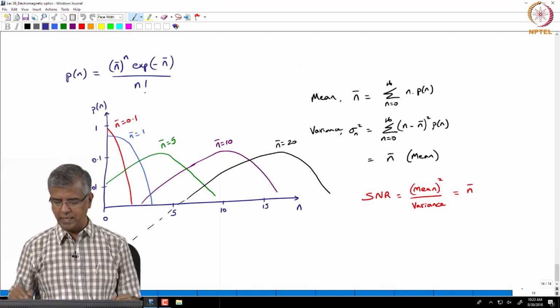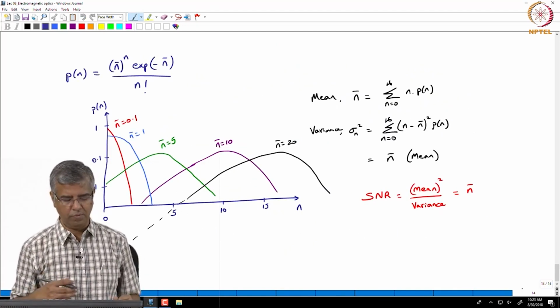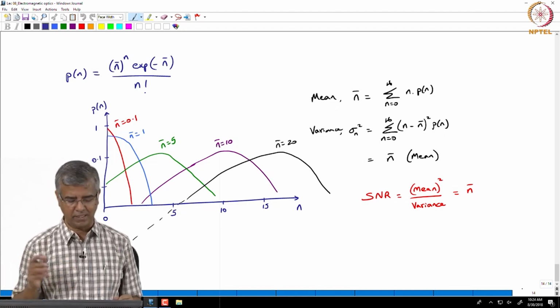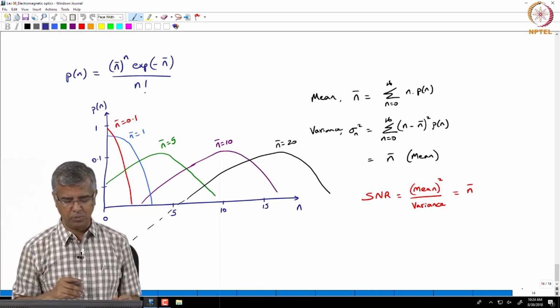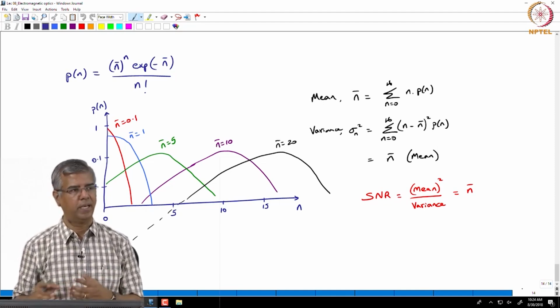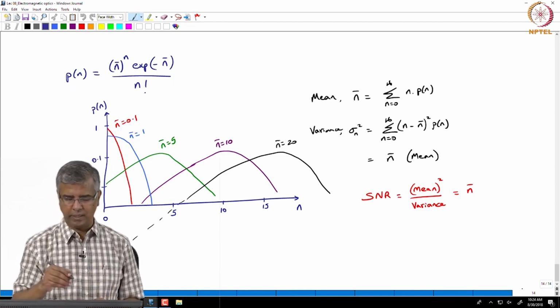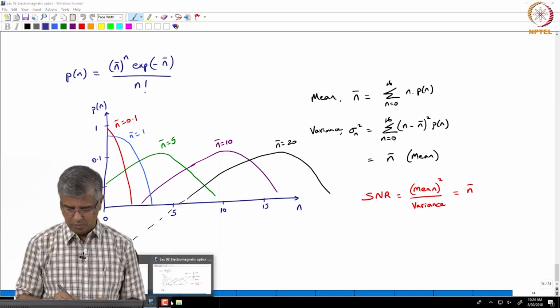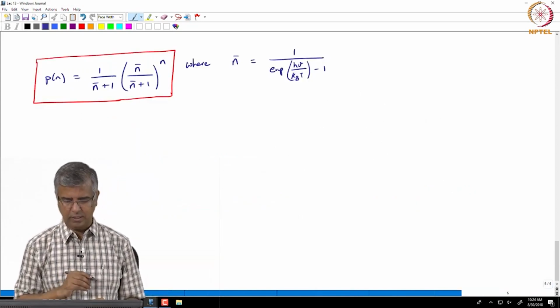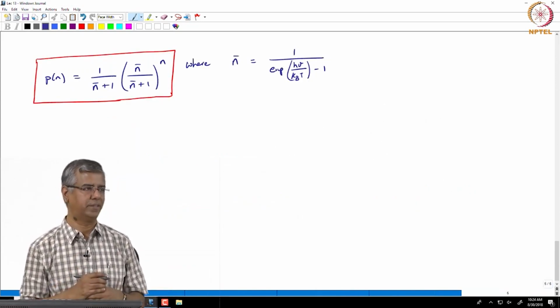Generally with light sources, the arrival statistics follow a Poisson distribution, and that is where we were looking at P of n as a function of n. But now we are talking about a different type of light source, which is just thermally excited.